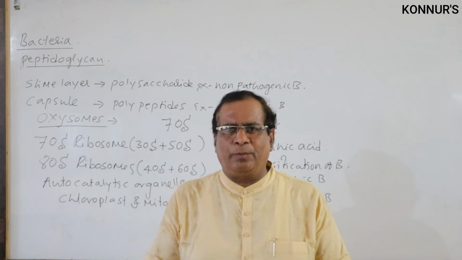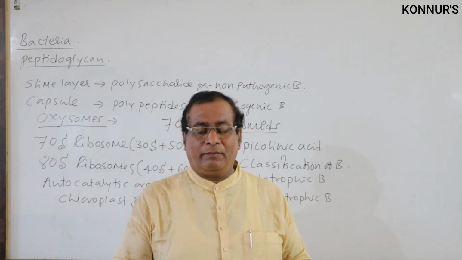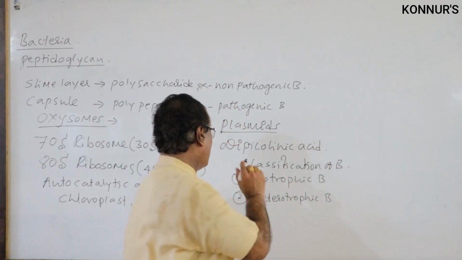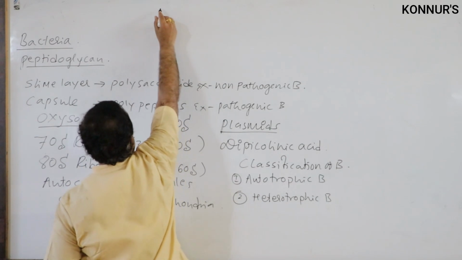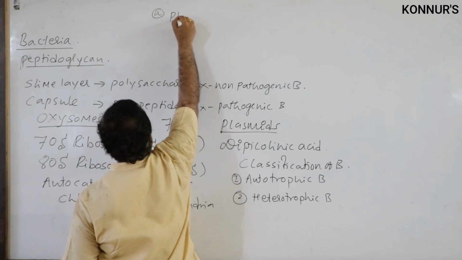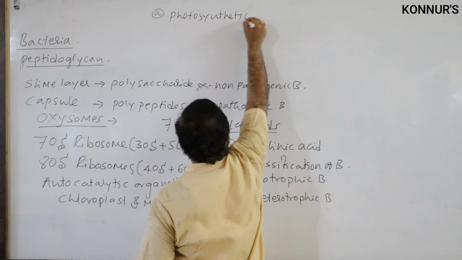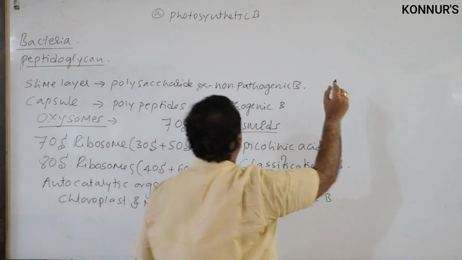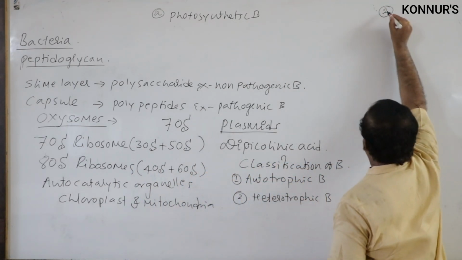And in autotrophic bacteria, we do have two types where very interesting things we have to notice. One is photosynthetic bacteria and another is chemosynthetic bacteria.